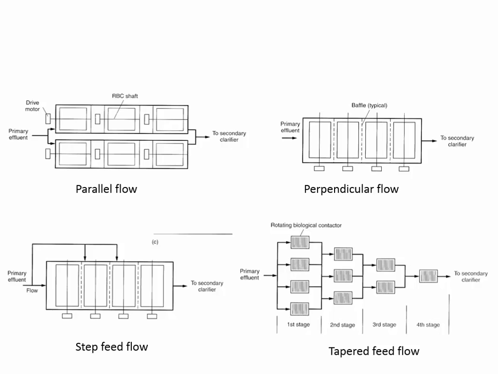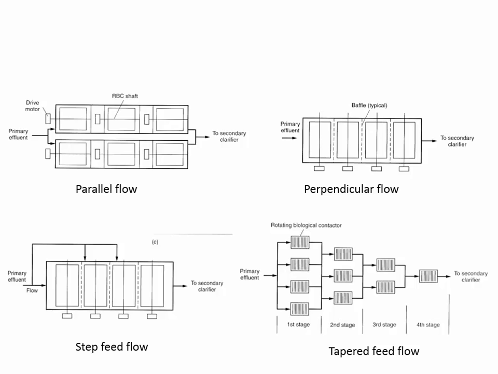Now in the case of tapered feed, what you'd have is both parallel and serial performance, where you'd have 4 reactors in the first stage because that's where there's the most BOD, and so you're gradually reducing the number of rotating biological contactors as the BOD concentration decreases.